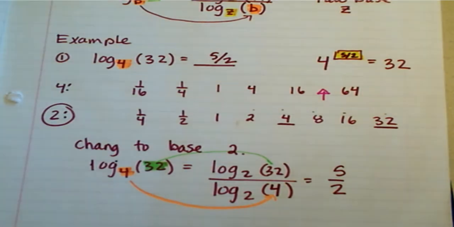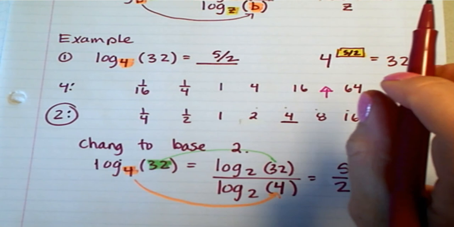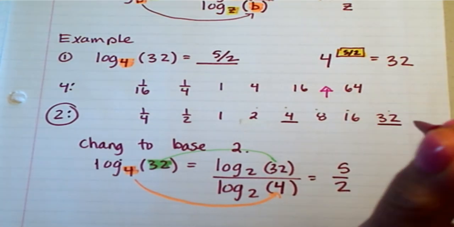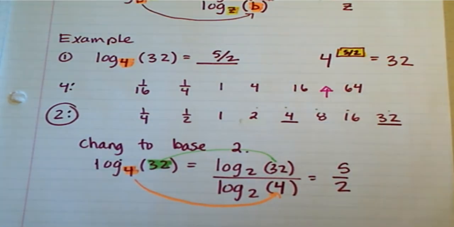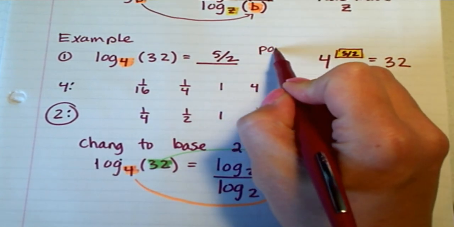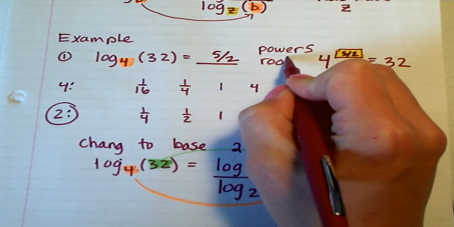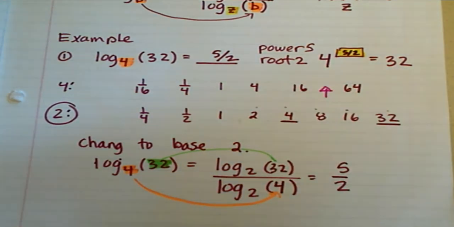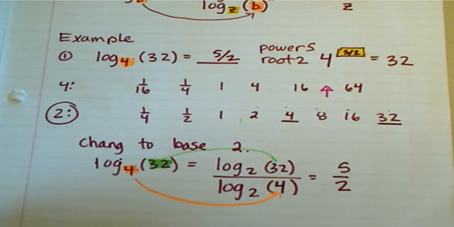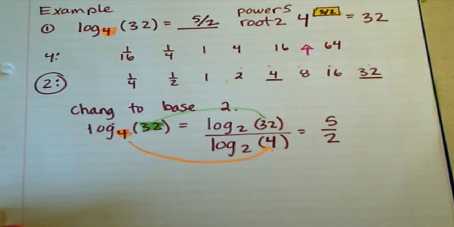It's a power and a root. It's a power 5 and a root 2. All right, guys, we're going to do one last example here.